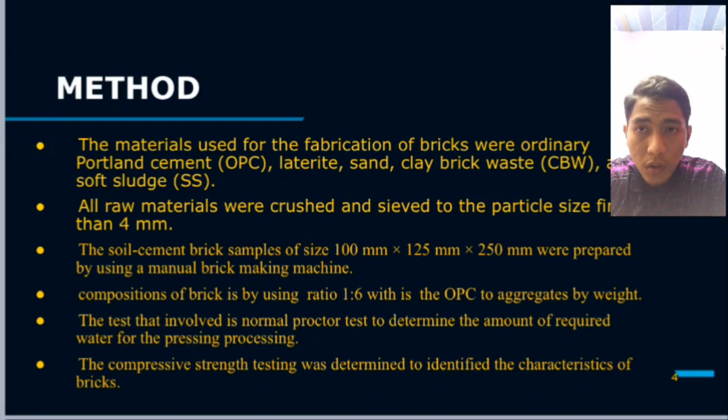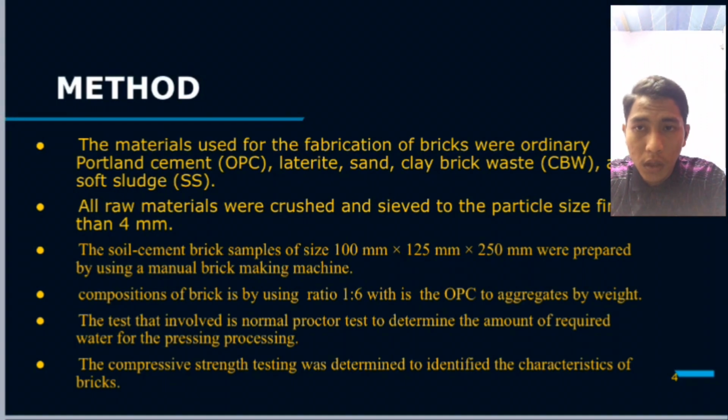The dimension of the soil cement brick sample is 100 mm times 125 mm times 250 mm. Next, the composition of brick is by using the ratio 1:c, which is the OPC to aggregates by weight.